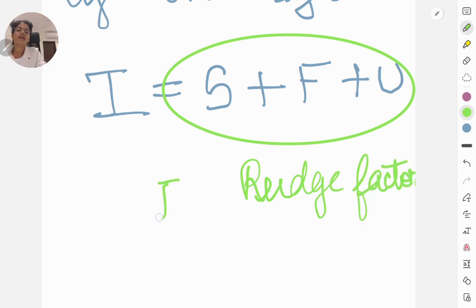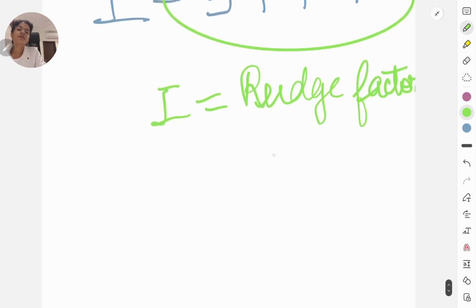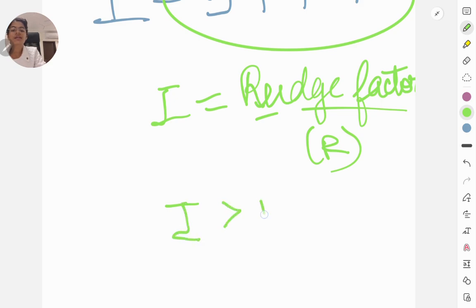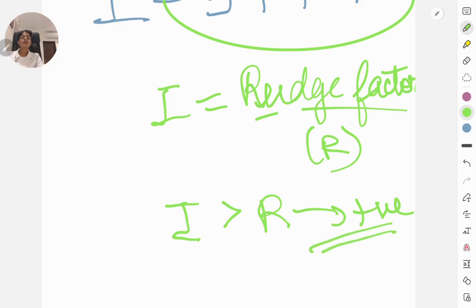Now let's take the fudge factor as R only. If intake is more than the fudge factor, then it's a positive nitrogen balance. It's very rarely seen, but it occurs with hormones like corticosteroids, which promote positive nitrogen balance.